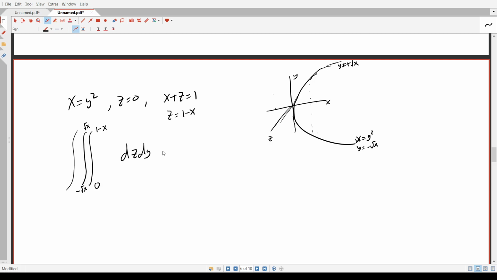So I need to figure out where this actually intersects. So the x value where this intersects, z equals 1 minus x. That's going to be at 1, basically because z is 0, right? This plane 1 minus x is going to be 0 when x is 1.